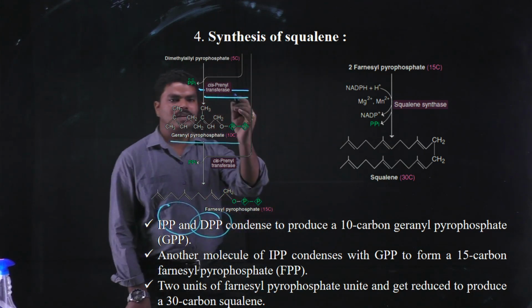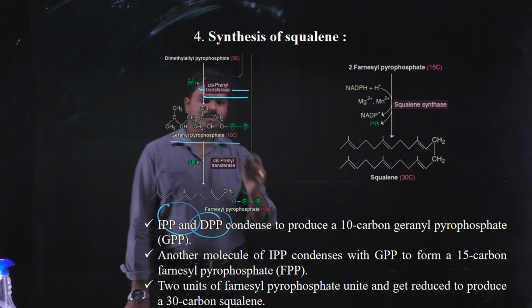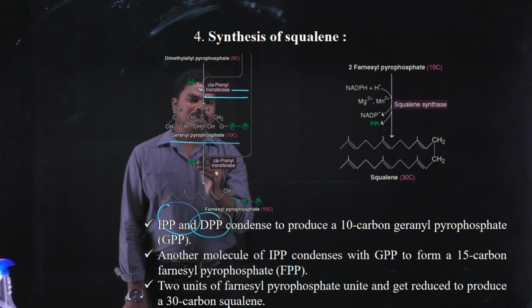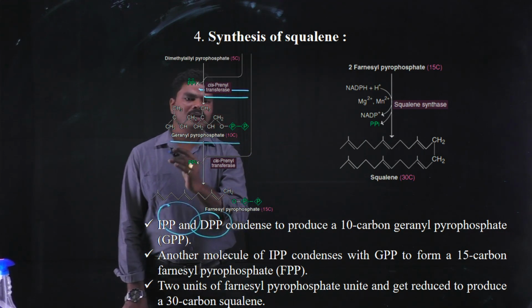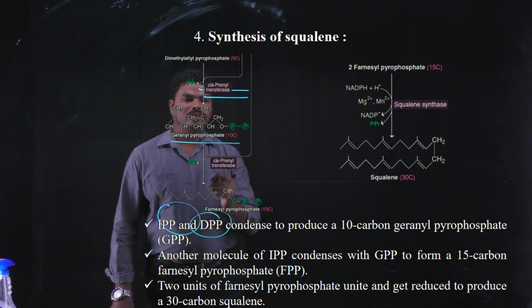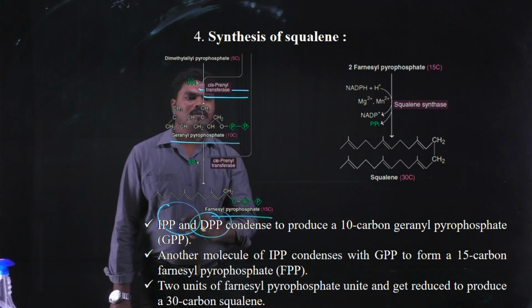This reaction is catalyzed by cis-prenyl transferase, and again this geranyl pyrophosphate, a 10-carbon molecule, is condensed with another isopentenyl pyrophosphate molecule. Thereby it forms farnesyl pyrophosphate.